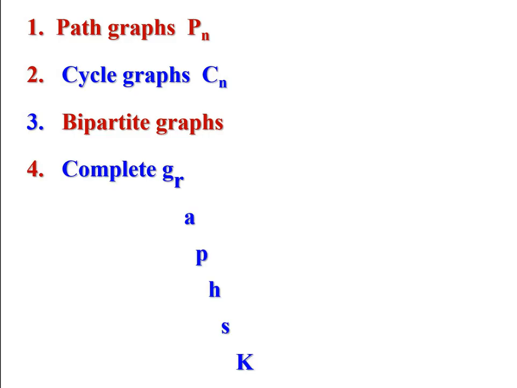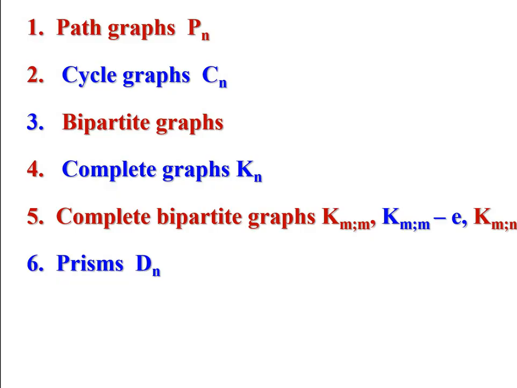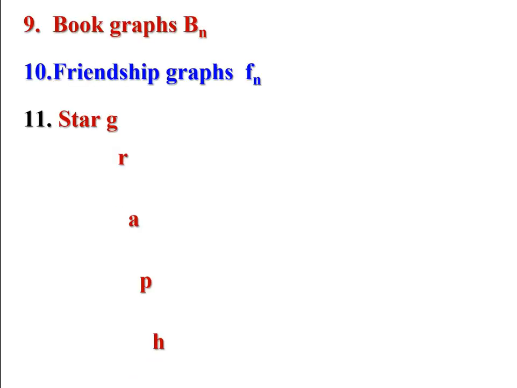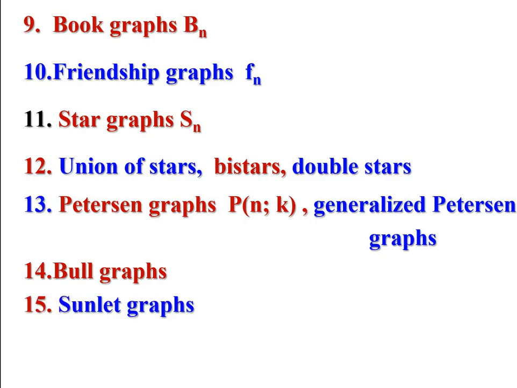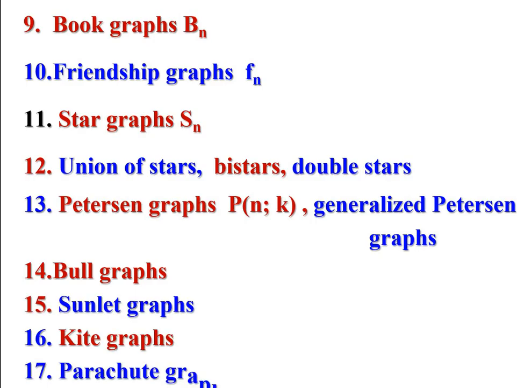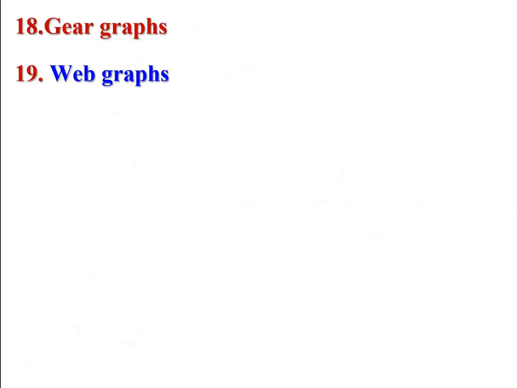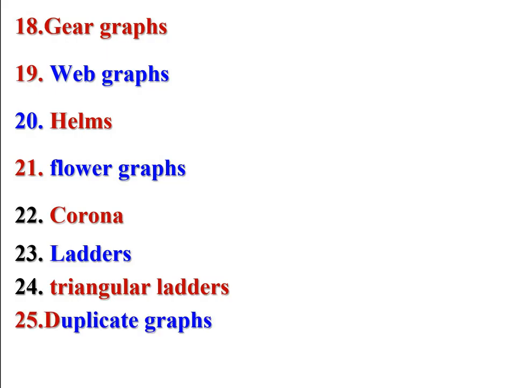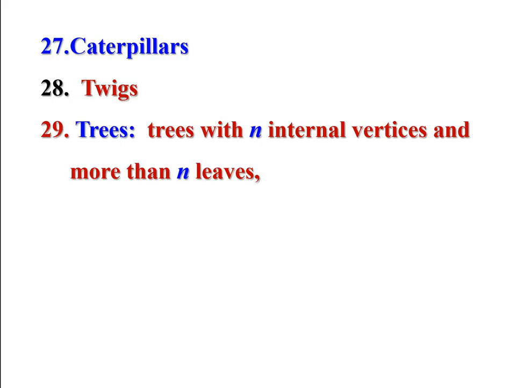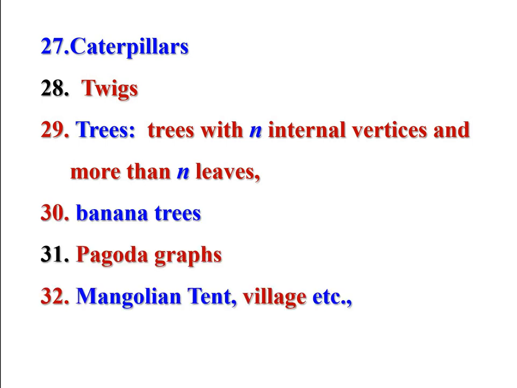Path graphs denoted as Pn, cycle graphs Cn, bipartite graphs, complete graphs, complete bipartite graphs, prism graphs, wheel graphs, fan graphs, book graphs, friendship graphs, star graphs, union of stars, bistars, double stars, Petersen graphs, generalized Petersen graphs, bull graphs, sunlet graphs, kite graphs, parachute graphs, gear graphs, web graphs, helms, flower graphs, corona, ladders, triangular ladders, duplicate graphs, triplicate graphs, caterpillars, twigs, trees with n internal vertices and more than n leaves, banana trees, pagoda graphs, Mongolian tent, village, and so on.